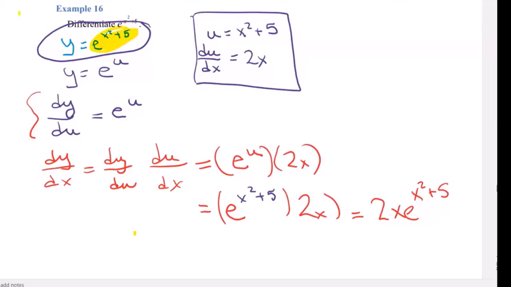So I keep this the same because my outer function is, so here I'll write this. My outer would be e to the x. My inner would be x squared plus 5. And I'm just combining them by showing you the Leibniz.